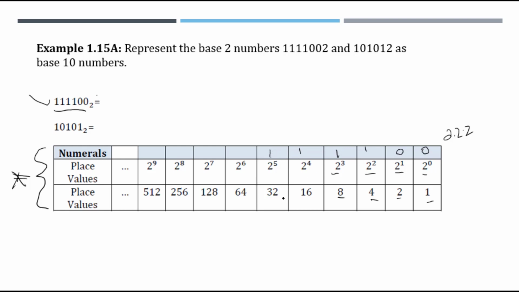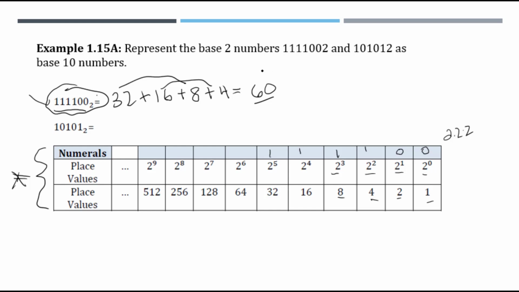So I have 1 times 32 plus 1 times 16 plus 1 times 8 plus 1 times 4. So this number is 32 plus 8 is 40, 60. So this number in base 2 is 60 in our, as you know, base 10.